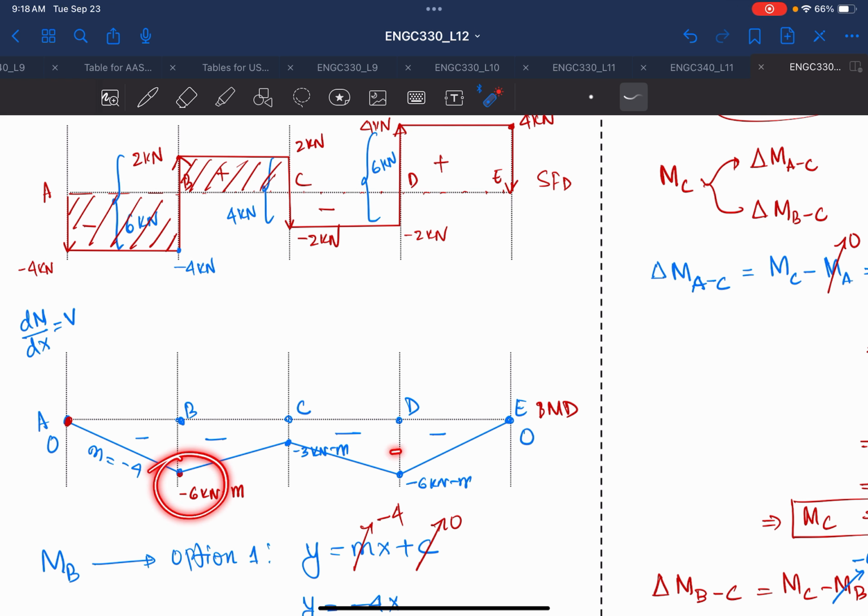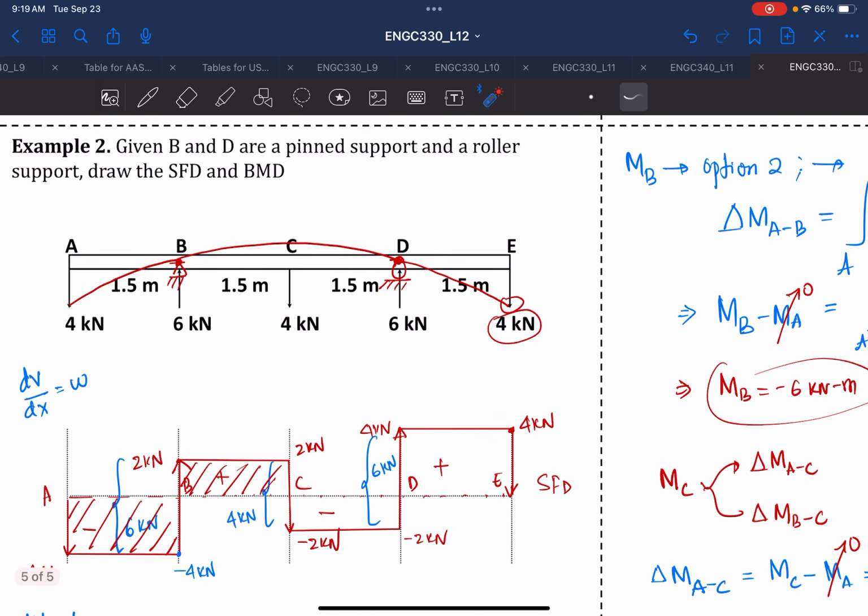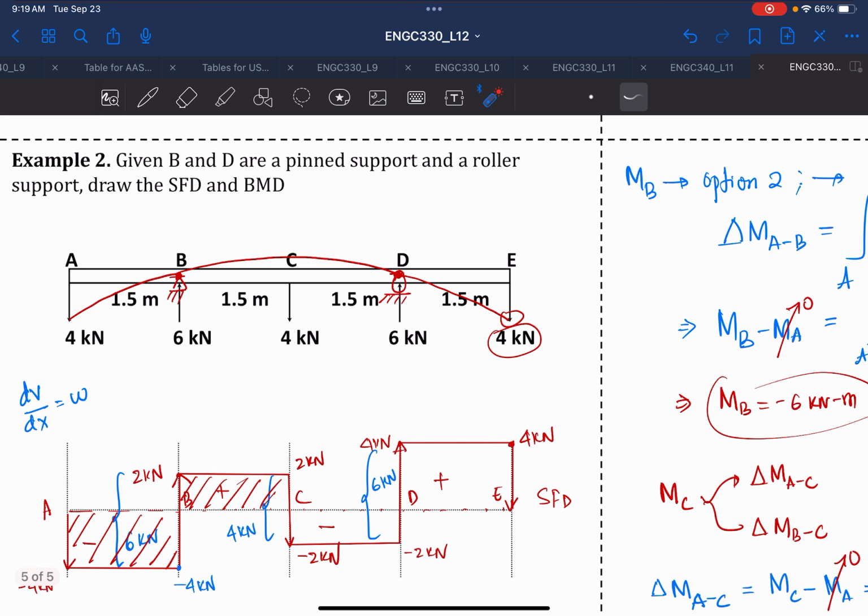So this overwhelms the whole structure, so instead of deflecting downward, it'll be deflecting upward, and hence all your beam from A to B, B to C, C to D, and D to E has to be hogging because your moment is negative.